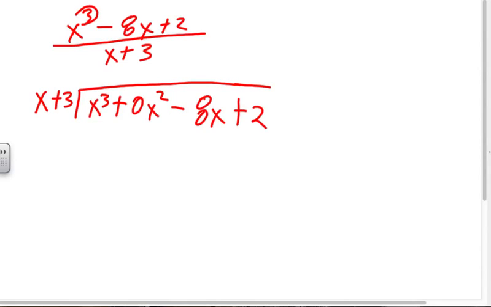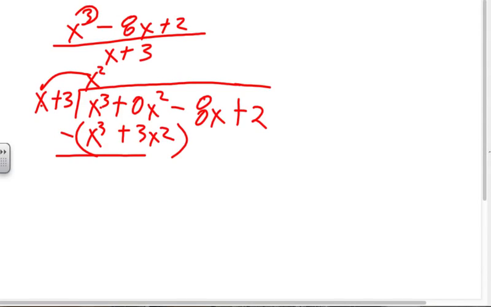So x cubed over x gives me x squared. I multiply these two, gives me x cubed plus 3x squared. Subtract them, gives me negative 3x squared. X will go into that negative 3x times.